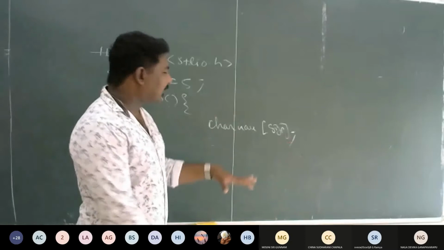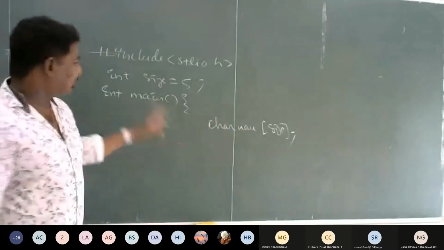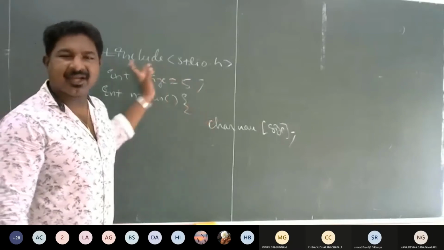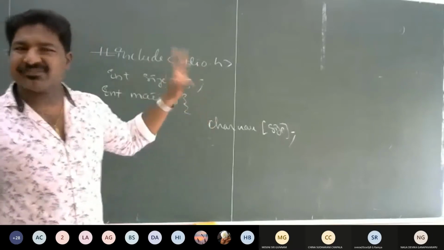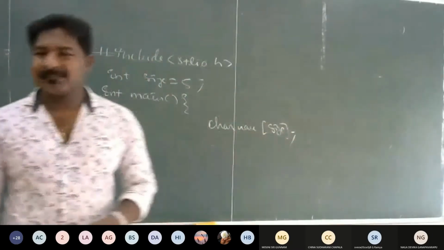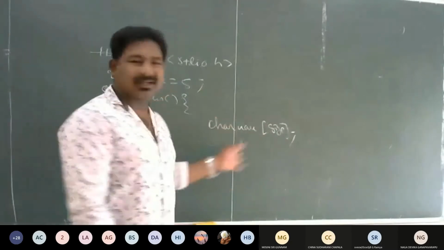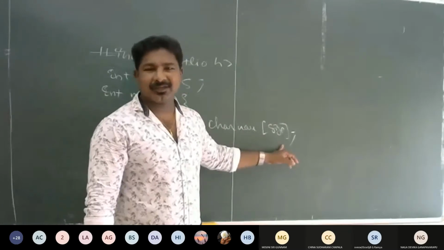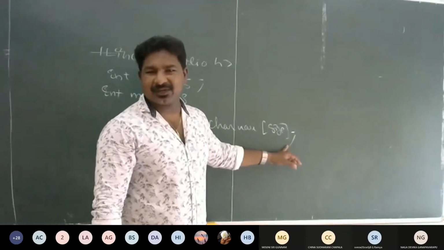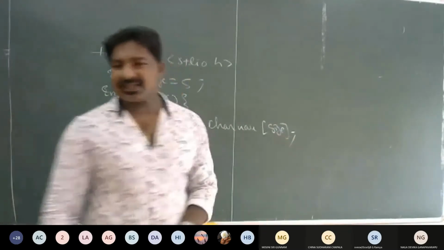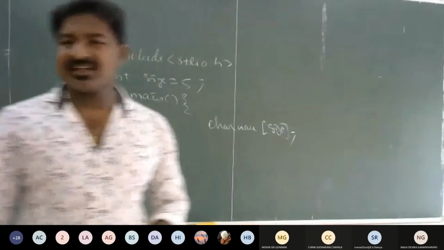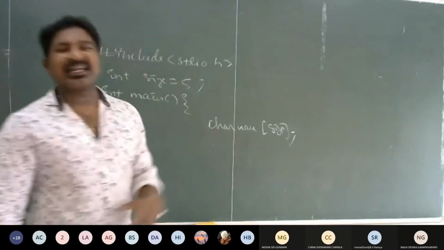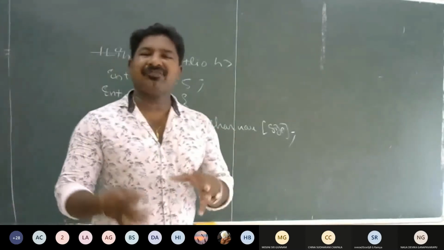But what is the difference between the previous one and this one? This is actually a variable. And if I created this size with hash define size 5, that will be a constant. So this can be changed, but that cannot be changed. Here you cannot change this value. Size means size, that is 5 only. Your array size will be 5 only. You cannot change that array. Why? Because this is called a static array. Static means its size is already fixed.